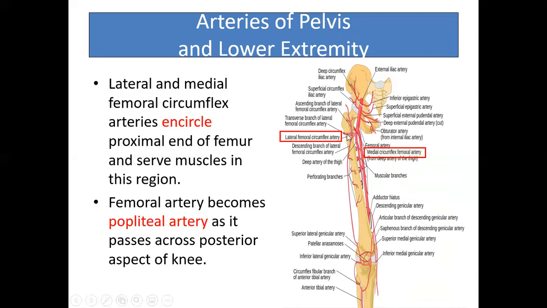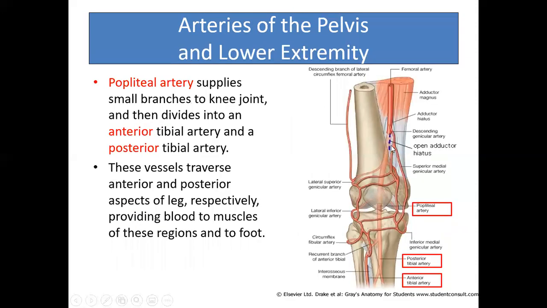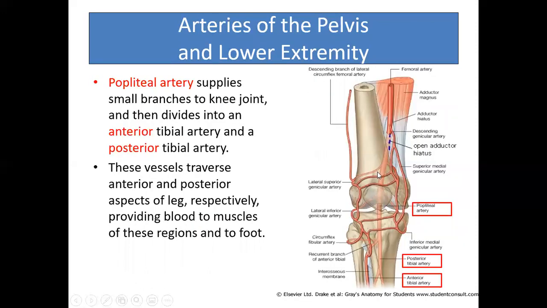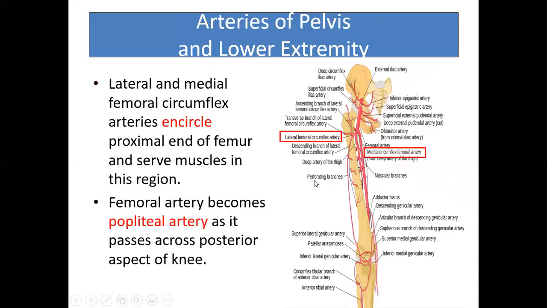If you follow the femoral artery, it will become the popliteal artery. If you see here, at the back of the knee, the femoral artery becomes the popliteal artery, on the opposite aspect of the knee.